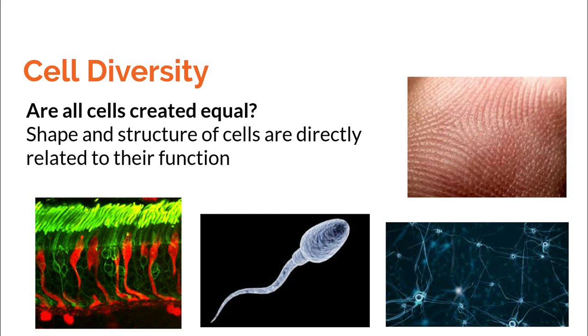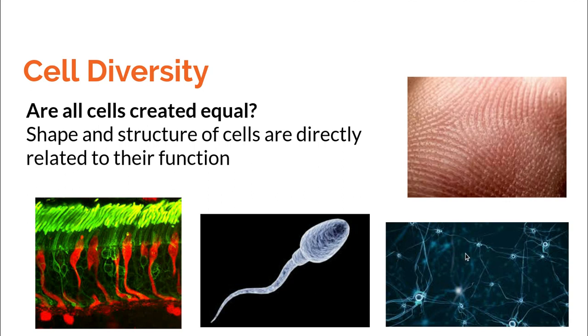It also helps to regulate temperature, perhaps by sweating or by raising goosebumps if we're cold. So skin has a lot of different jobs that it needs to do in order to keep our body functioning properly. But again, without that flat shape of the skin cells, they wouldn't be able to perform that function.